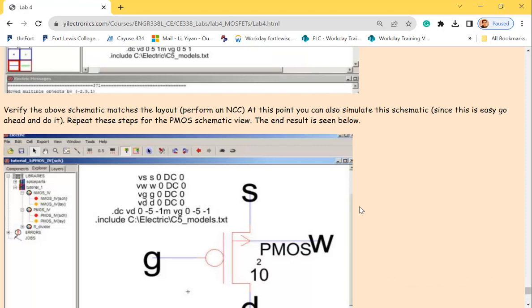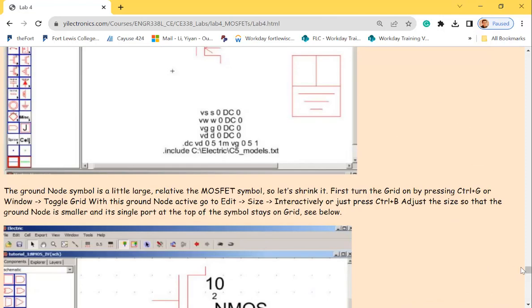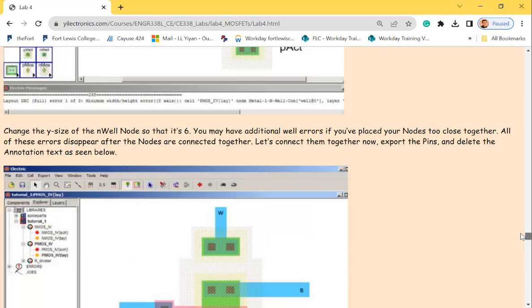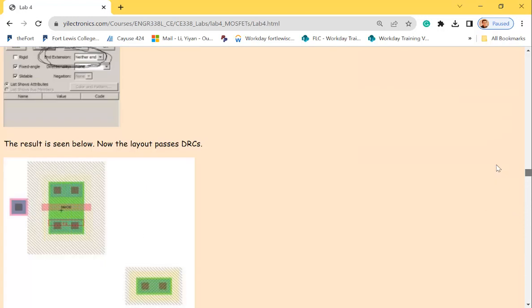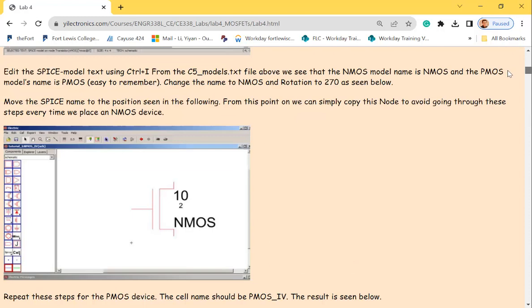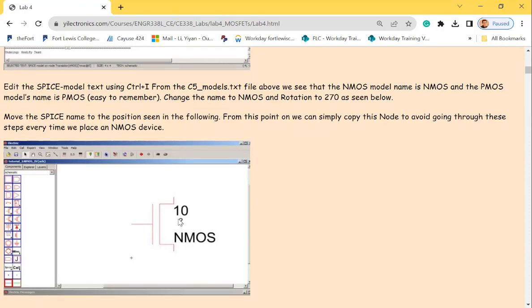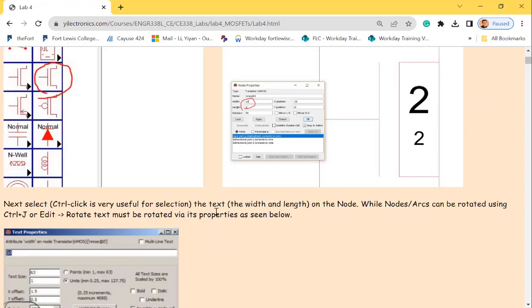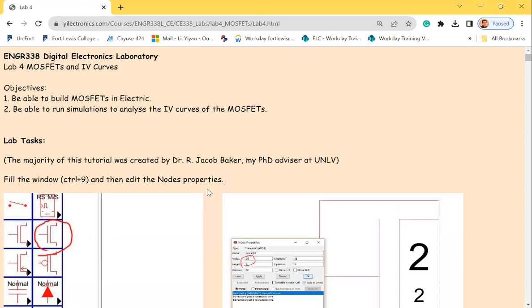But I believe at the very beginning, I didn't use the 4-terminal device. Let me see. See, at the very beginning, I didn't use that 4-terminal device. By default, in Electric VLSI, they short the body of the NMOS to ground and short the body of the PMOS to the highest potential in the circuit. But I think if you just follow this tutorial, it should work out fine.